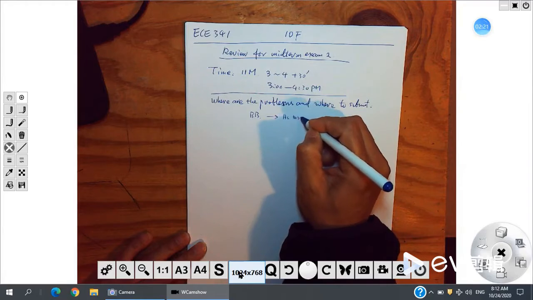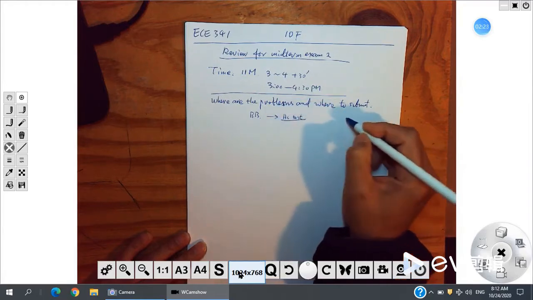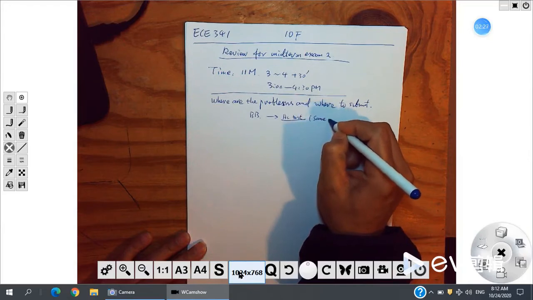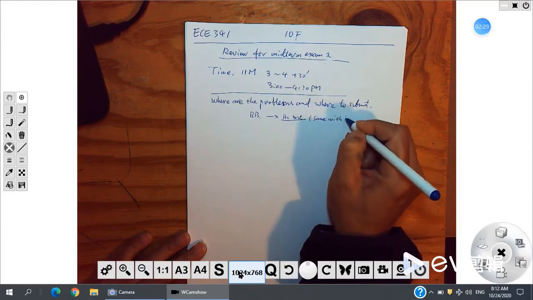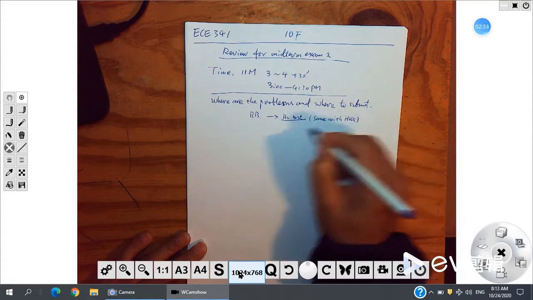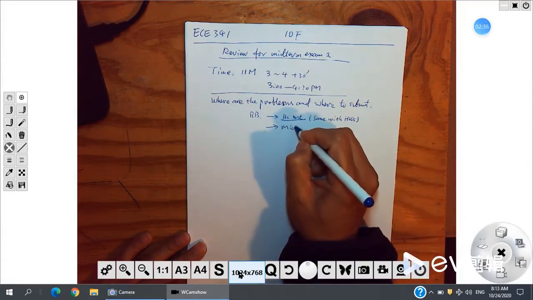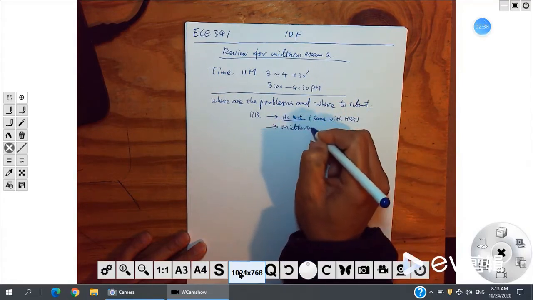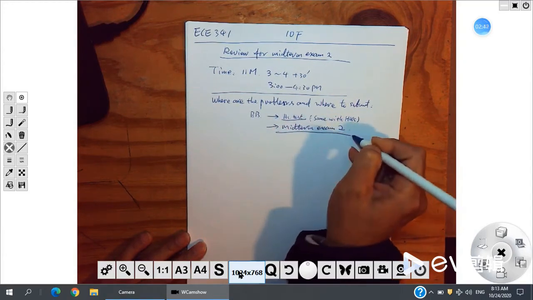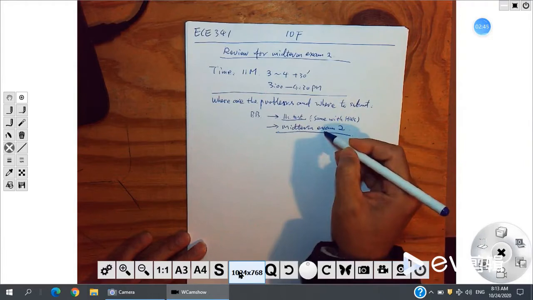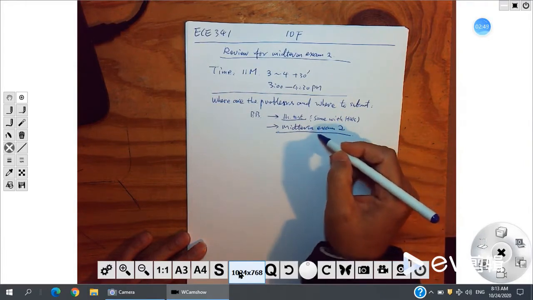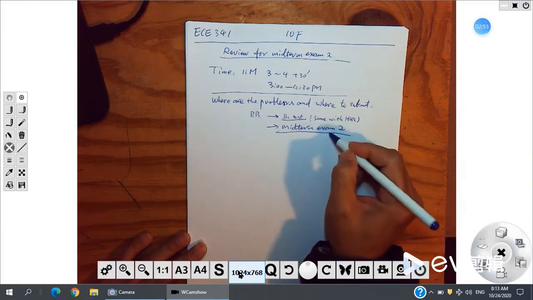I have a folder, the same with the homeworks. In that folder you will have a midterm exam 2. You can download the problem from there, and when you're done, you will upload your papers from here.